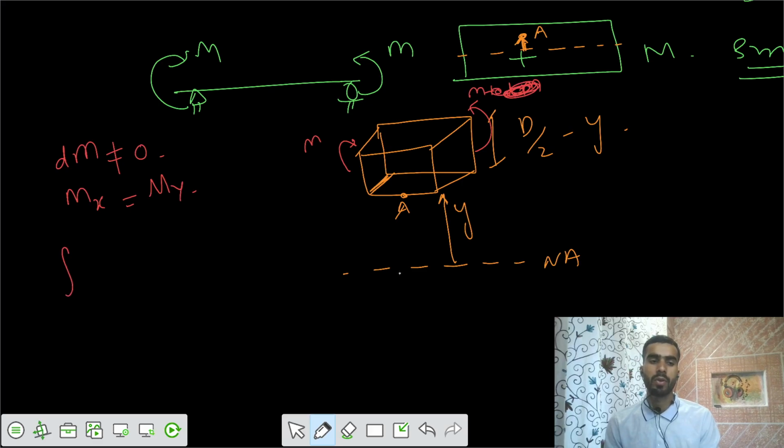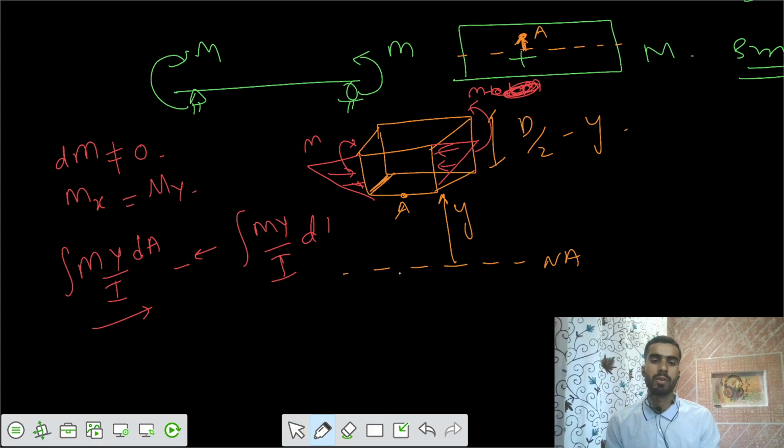And then you would say some stresses would be there because of the bending moment. We have some bending stresses. Then I would calculate my dA by I from this side, and the same from the other side also. So I would subtract that, and we would get a value of 0.